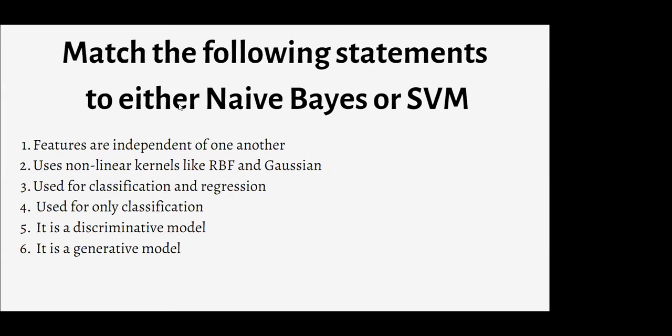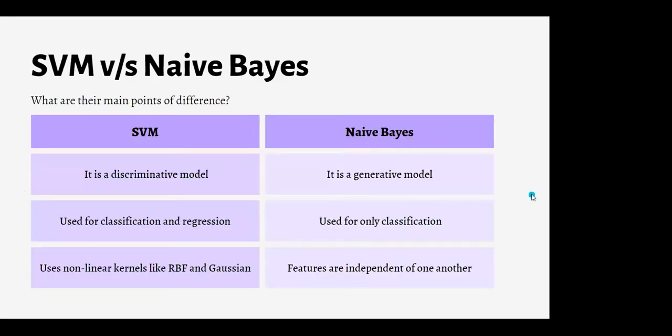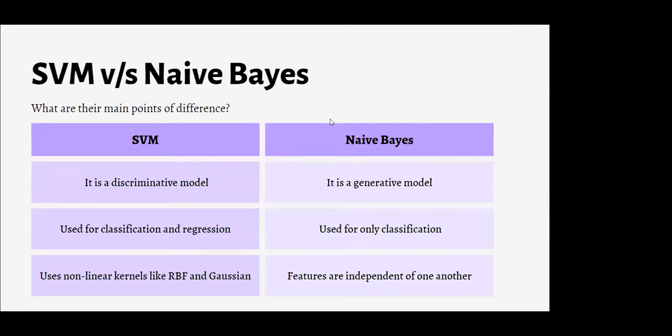It is a generative model, in that it studies the whole object thoroughly and then gives out the output. So the main point of difference between SVM and naive Bayes is that SVM is a discriminative model and naive Bayes is a generative model.